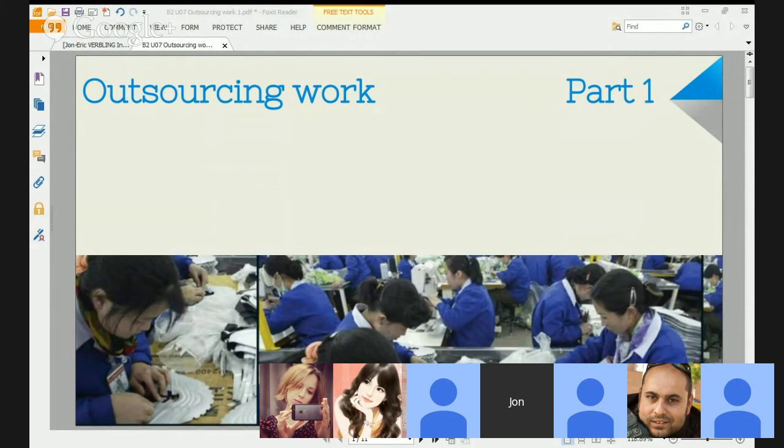What are they wearing? They are wearing work clothes. Are they wearing work clothes, Sylvia? They are wearing blue. I don't know the name. Vest. Exactly.